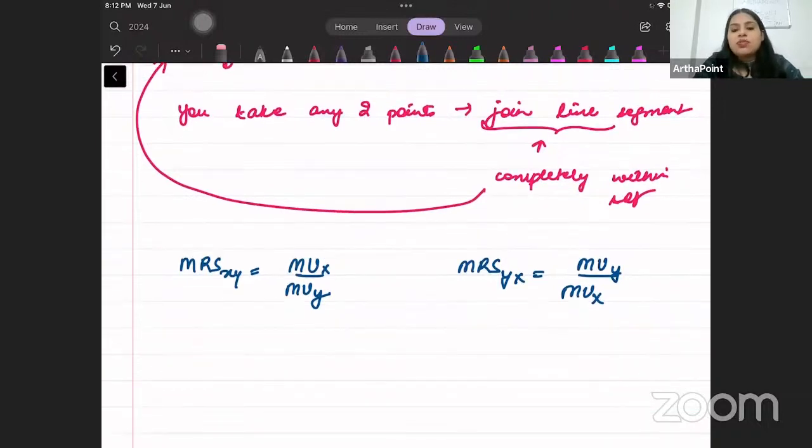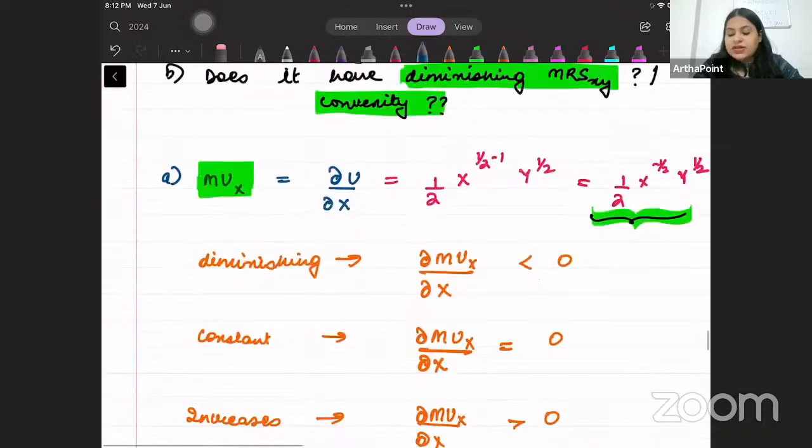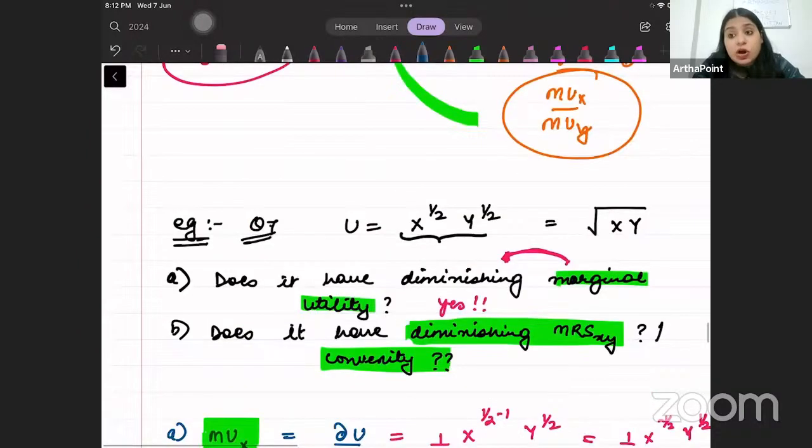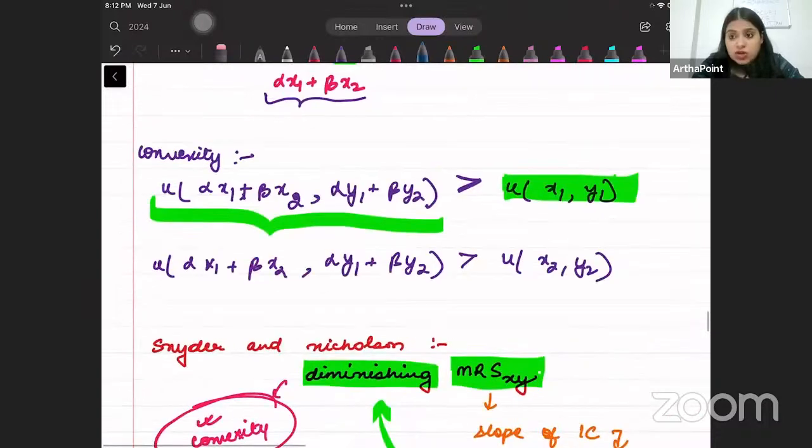So now let's talk about convex set. For convexity, average is strictly preferred over extreme. Usually, we even are okay with weak preference. Weak means we include equal to here as well. But it depends on whether we are talking about strict convexity or weak convexity. When I say strict convexity, I will have a strict sign.